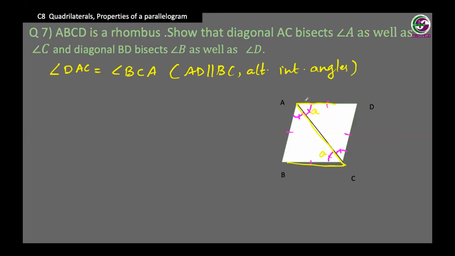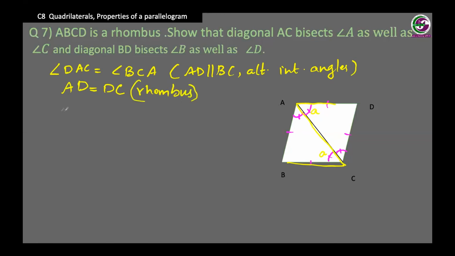Same way, but we know that AD is equal to DC because it is a rhombus, all sides are equal.